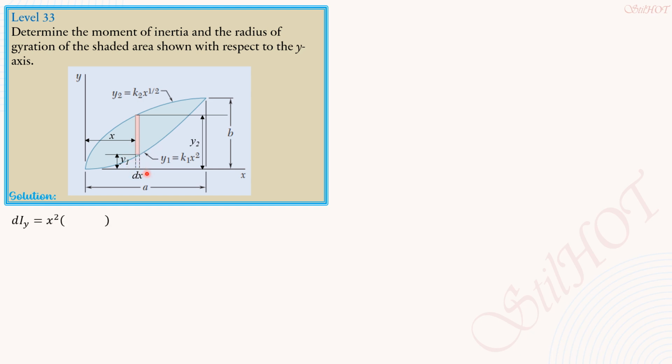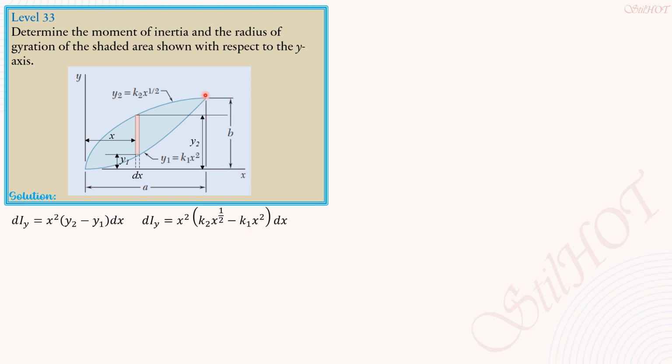That's the differential area, y2 minus y1 dx. So y2 is k2 x to the 1/2. Differential Iy is x squared, quantity k2 x to the 1/2 minus k1 x squared, dx.